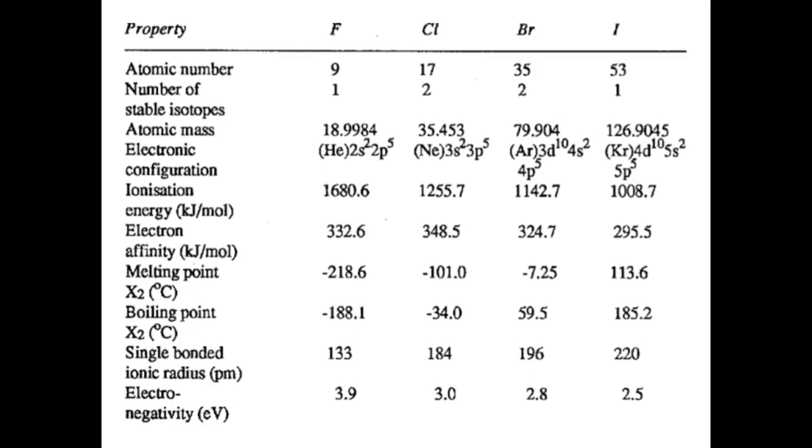Since the electronegativity is decreasing, the ability to add an electron will also decrease. We have talked about melting and boiling point the other time, and then of course the ionic radius is relatively increasing here, while the electronegativity is decreasing. These are the numerical values that you can use to pinpoint them.